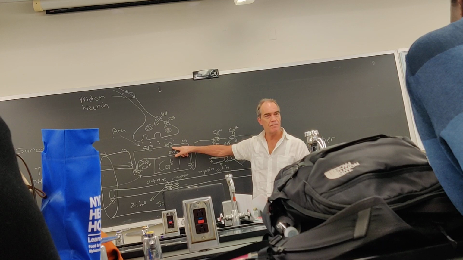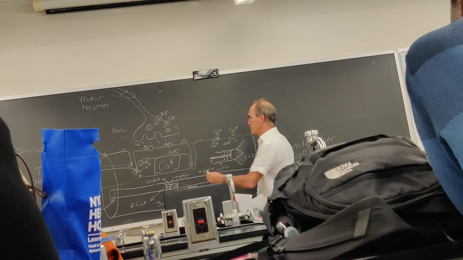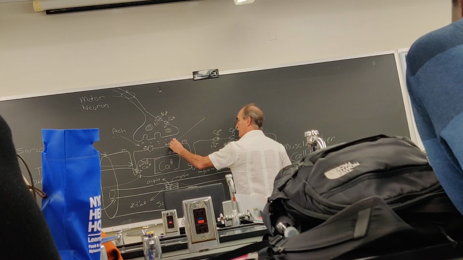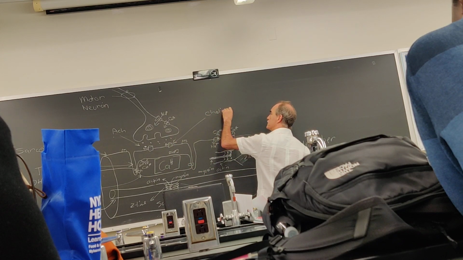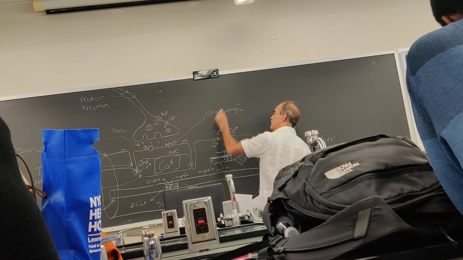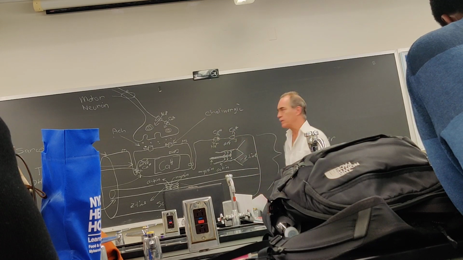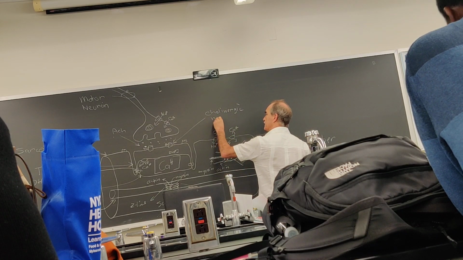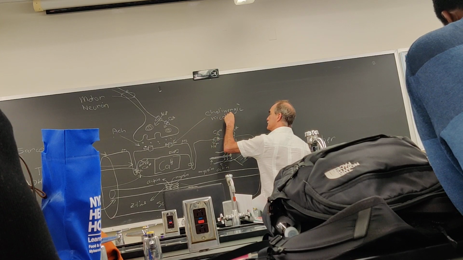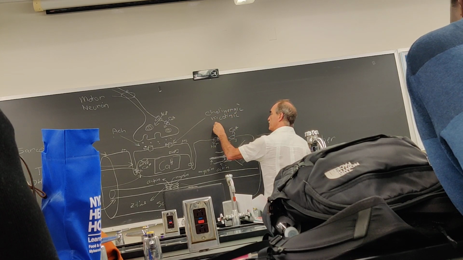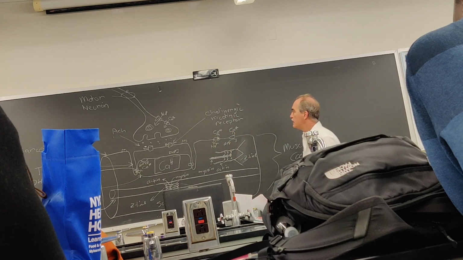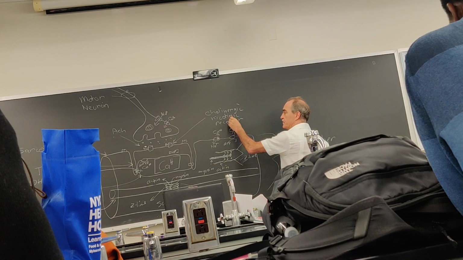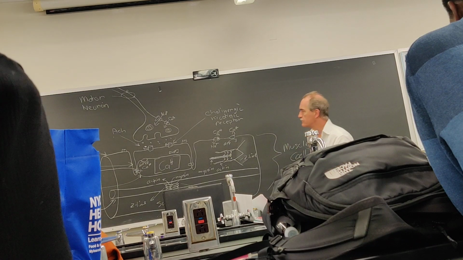The acetylcholine receptor of skeletal muscle cells has a different name. It is called the cholinergic, which means that it binds acetylcholine, nicotinic receptor. The nicotinic receptor, specific for skeletal muscle cells.